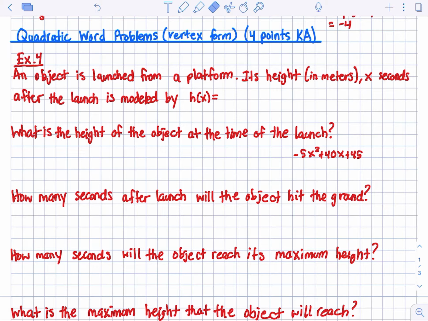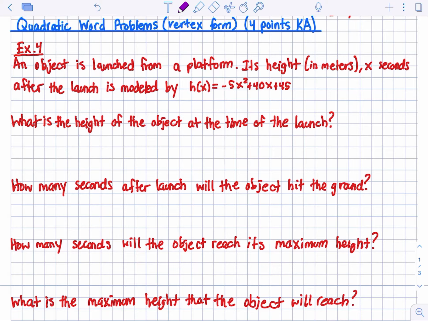Alright, there we go. That's the standard form. Now, let's use standard form in order to solve this word problem.